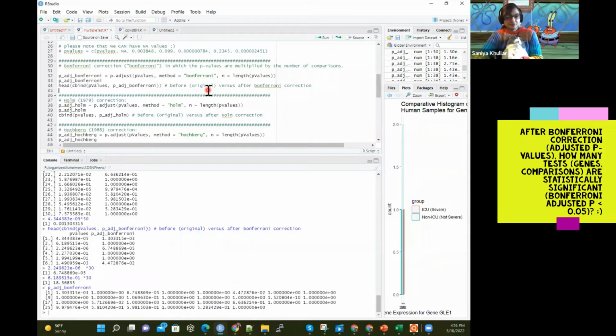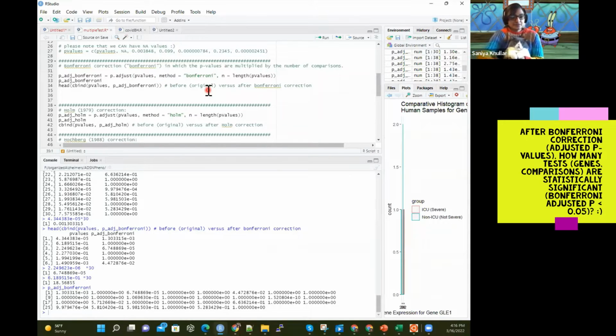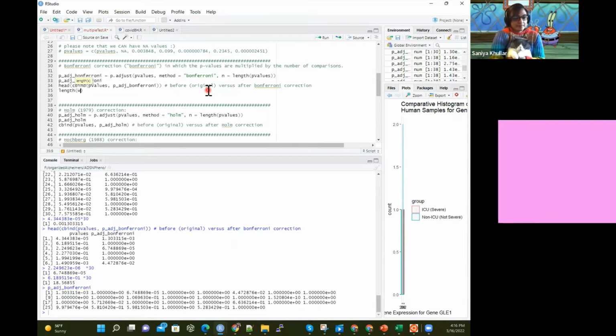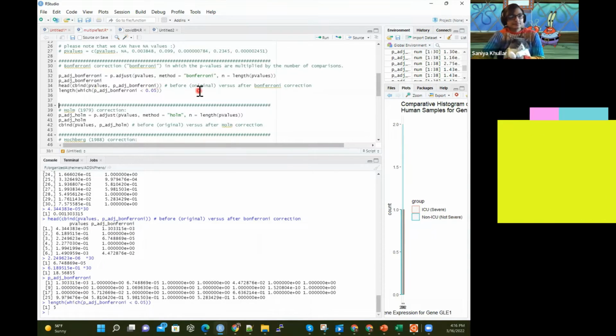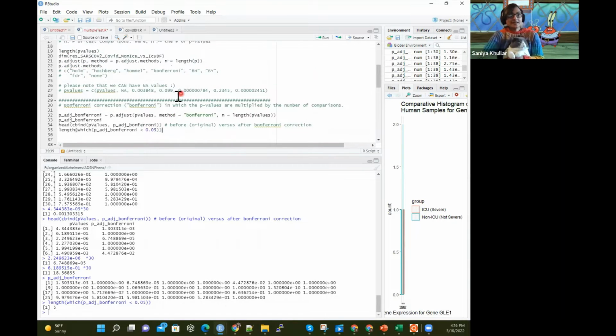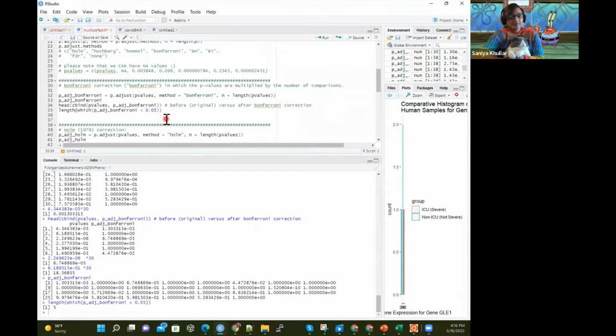We just plug in Bonferroni here, and then I can just do the length. I'm finding which Bonferroni p-values are less than 0.05. So now instead of 11, we have 5.